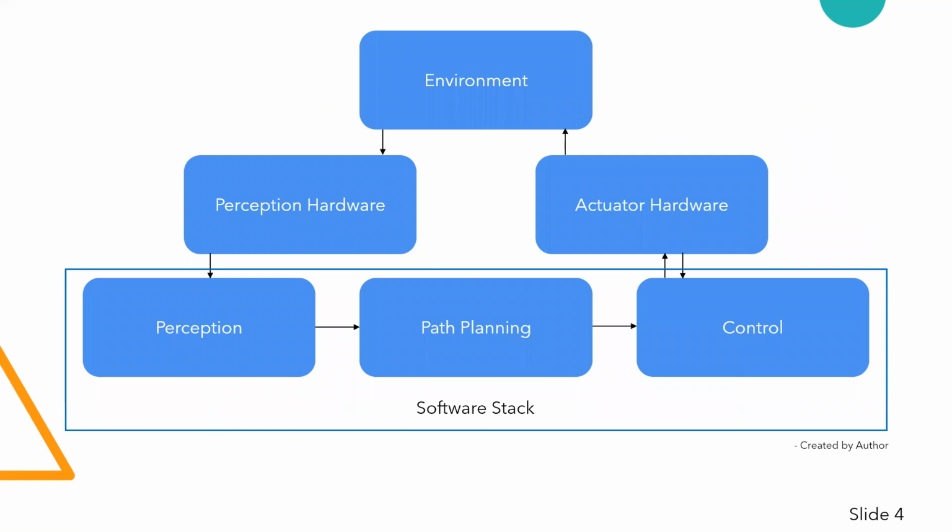The AV software stack can be very broadly divided to perform three tasks: perception, path planning, and control. Perception systems take information from the sensors and try to make use of that.